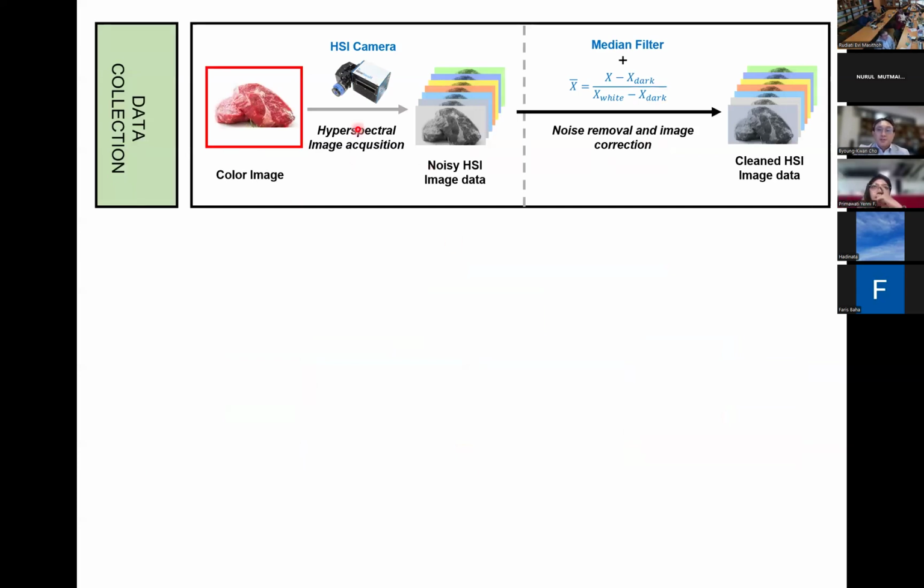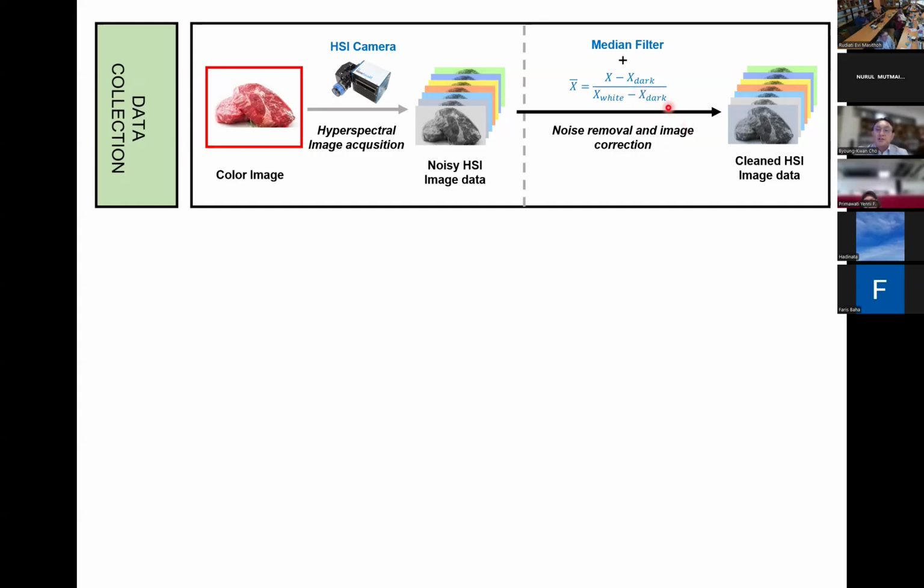Okay, when we collect hyperspectral images, we need noise removal and image correction. Because these are reflectance images, we need to calculate relative reflectance. This means if we measure a white panel, it should be almost 100% reflectance, right? So using white references, we can adjust our reflectance values to relative reflectance values.